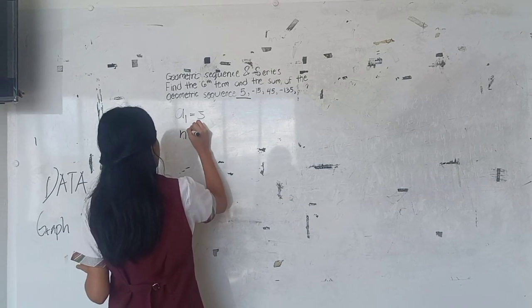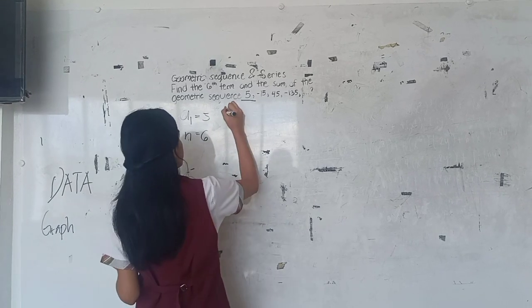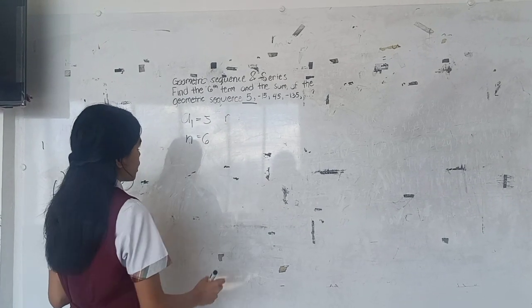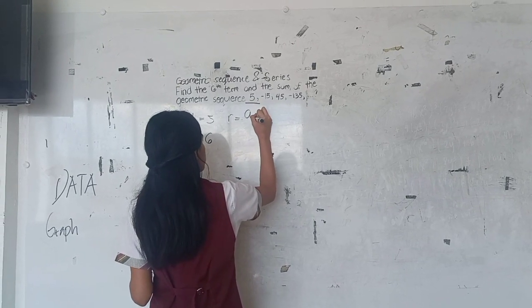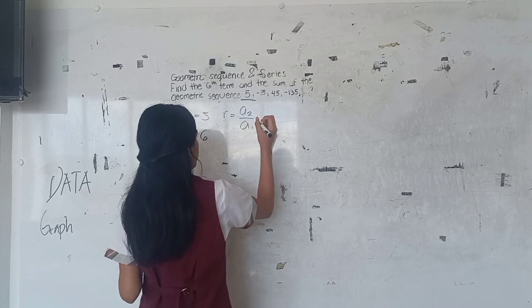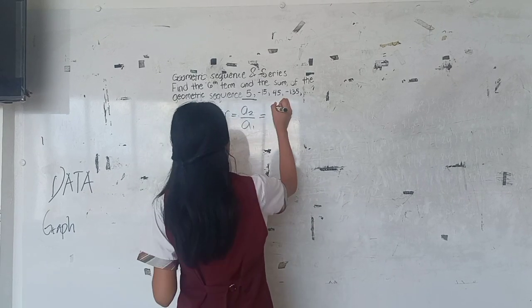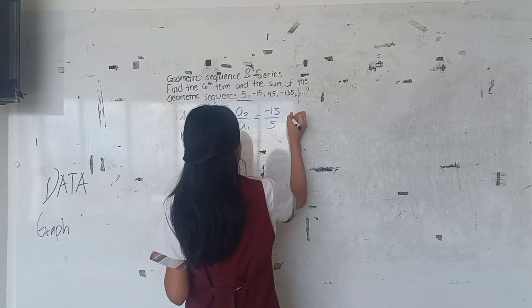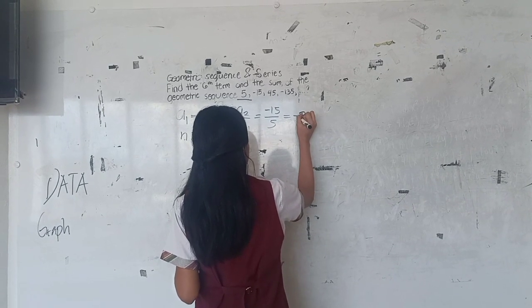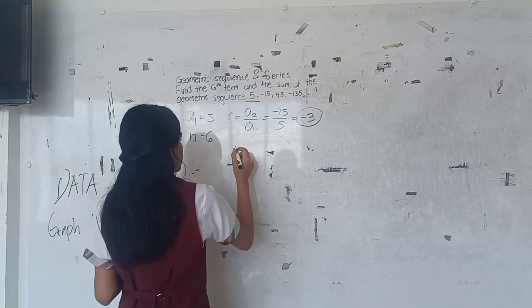Our nth term is 6, because that's what we're finding. To find our common ratio, we need a sub 2 divided by a sub 1. Substituting the givens, a sub 2 is negative 15 divided by 5, which is a sub 1, equals negative 3. So that's our common ratio.